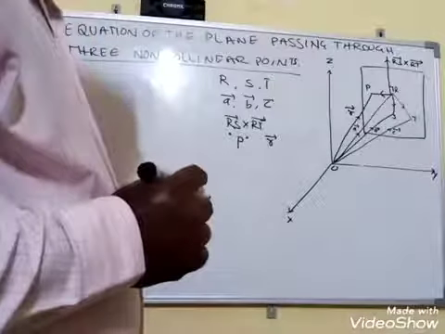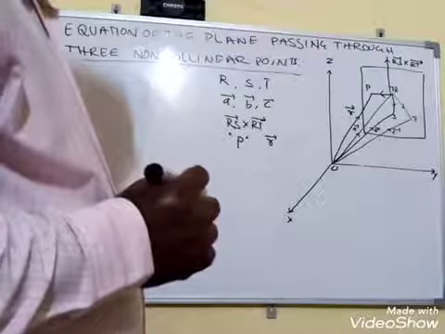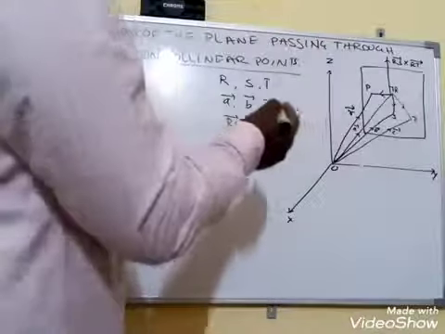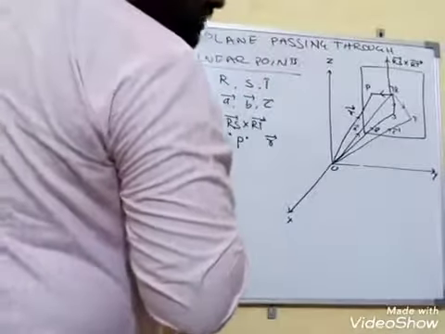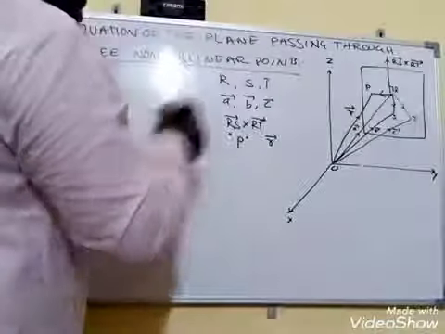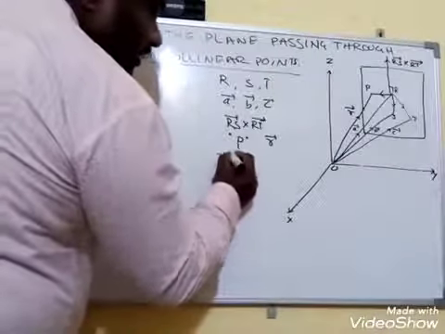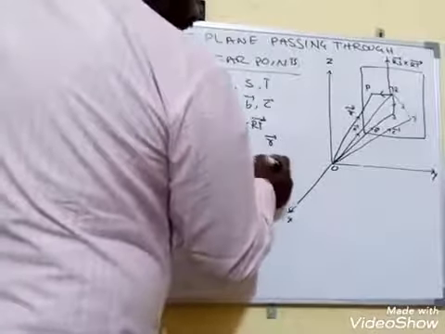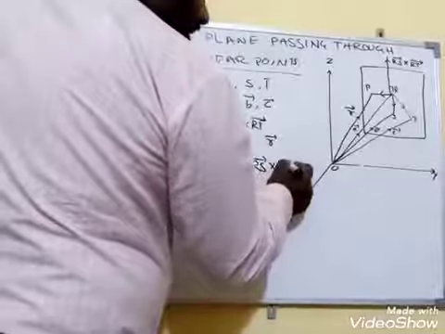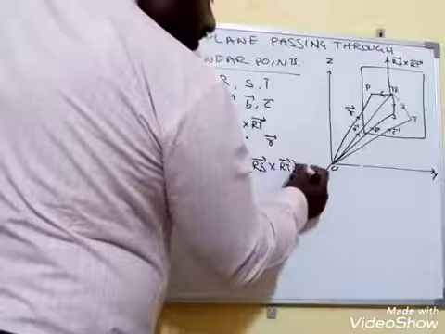Now RS bar cross RT bar is perpendicular to RS bar and RT bar, nothing but it is perpendicular to the plane. And the RP vector lies in the plane. Hence, it is also perpendicular to the RP bar. Therefore, what you are going to get? RP bar dot RS bar cross RT bar is equal to 0.